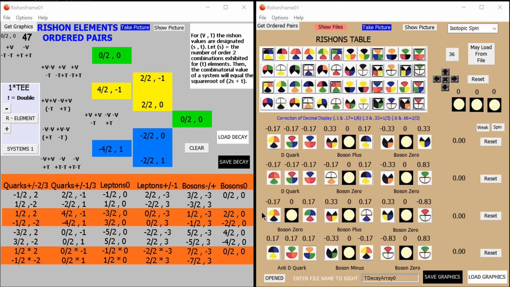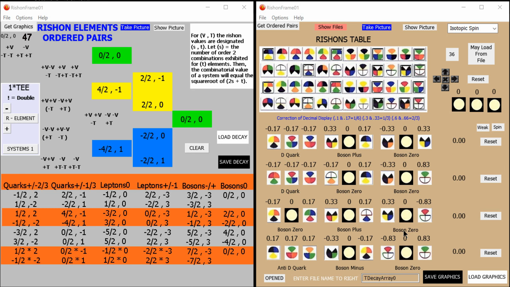Now let's look at the W particle that is emitted. On this particle-antiparticle pair, we have no contribution to the isotopic spin, but we have a contribution of plus 1/2 in this boson plus.